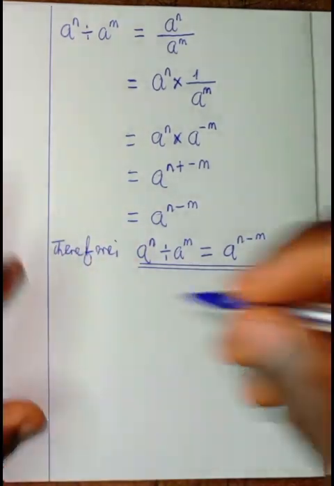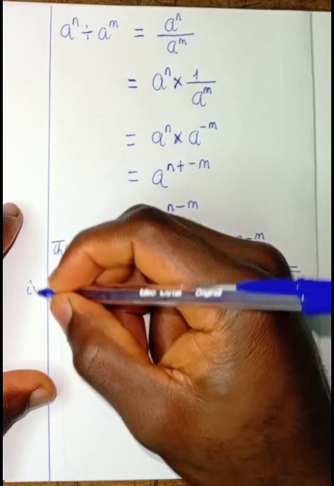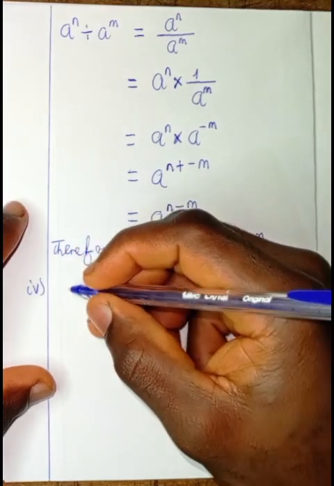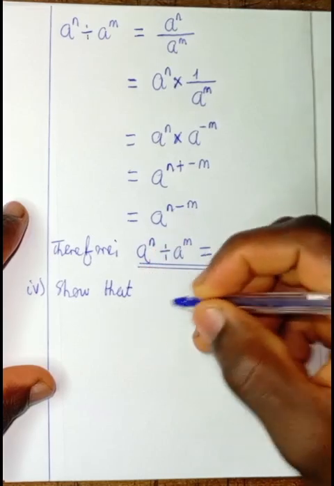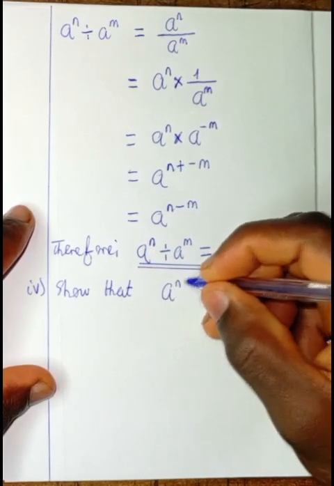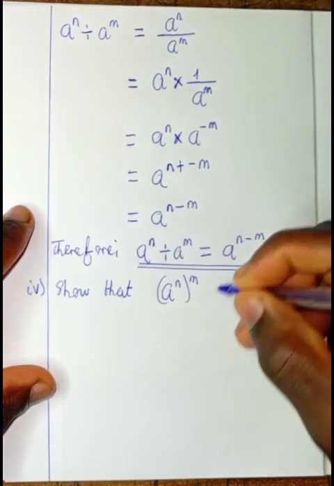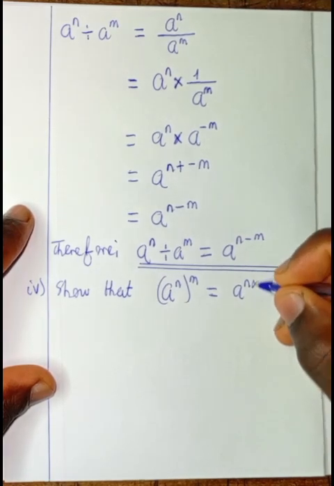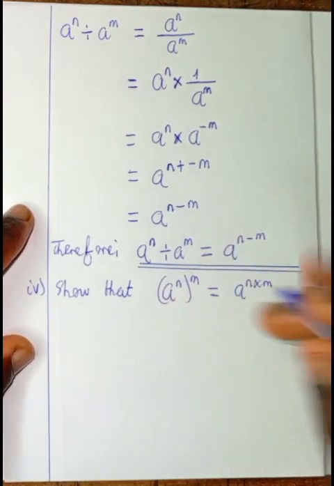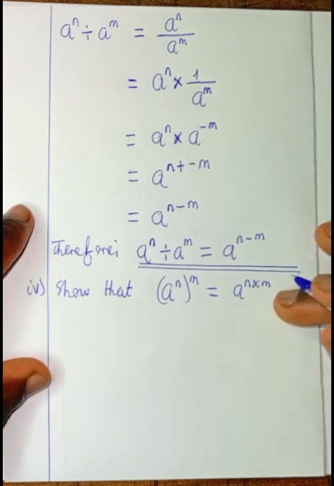Now we go to the last one, IV. We have to show that a raised to the power n, all this raised to the power m, is equal to a raised to the power n times m. By making use of the left hand side, we can show the right hand side.